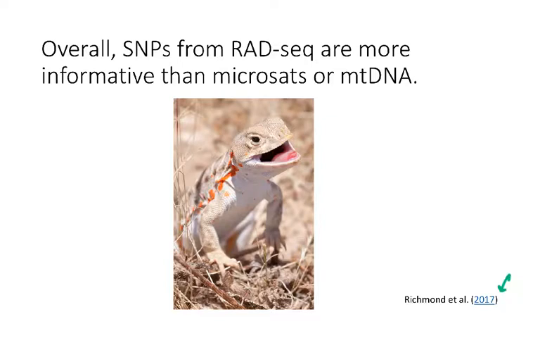And so what they did is they used several different types of markers to ask these same kinds of questions to compare and see which one might be best. So they used 3 different types of markers in this study. They used SNPs that were identified from RAD-seq, which remember is a type of high throughput sequencing. And they also used microsatellites and mitochondrial DNA.